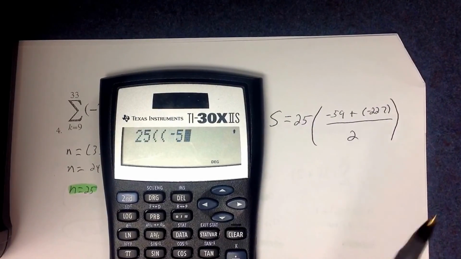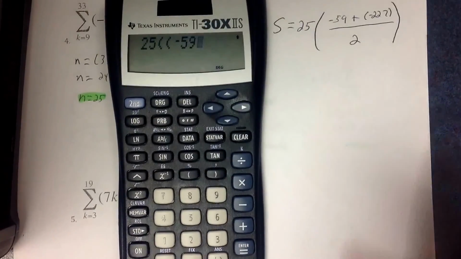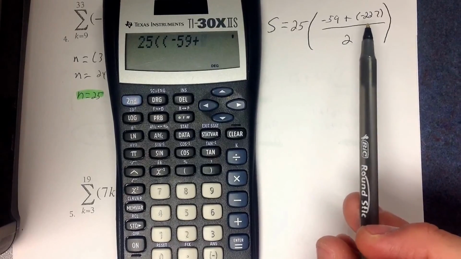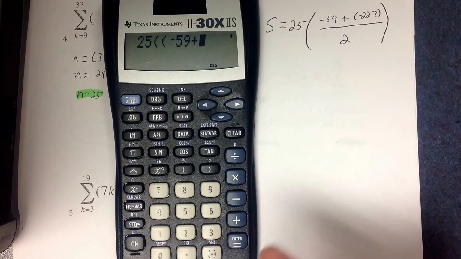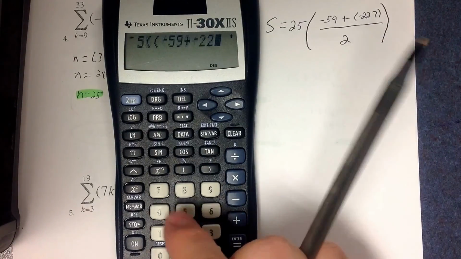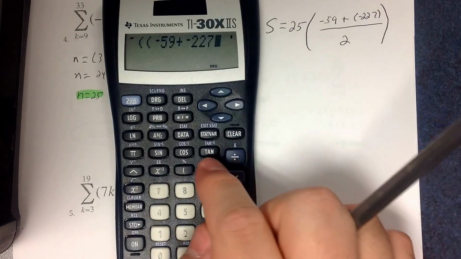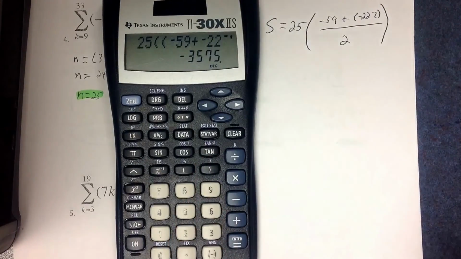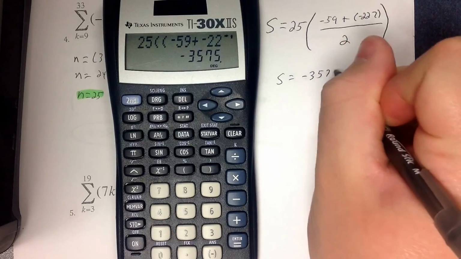So negative 59, make sure you use the negative sign on the bottom of the calculator. Now, I know it's plus a negative 227. You don't necessarily have to put the negative 227 in parentheses. You can just type in negative 227, I believe, unless it gives us a syntax error. Close it, divide it by 2, and then close the overall. So the sum would be negative 3,575.